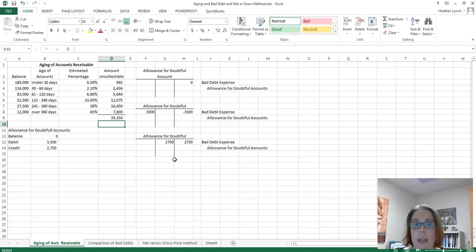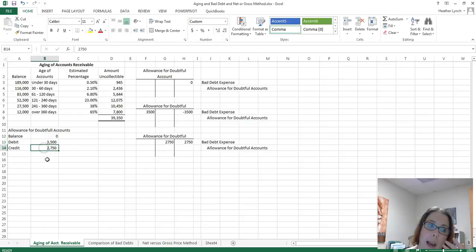On this problem, I'm going to do the allowance method. The allowance method is considered the balance sheet method because we're looking at accounts receivable, which is a balance sheet item. I've put three scenarios where the allowance for doubtful accounts balance is zero, or has a debit balance of $3,500, or has a credit balance of $2,750.